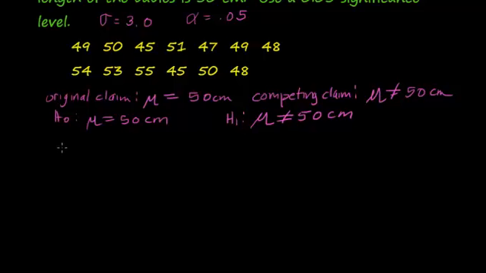Okay, we will get our critical value, a test statistic, and p-value. We'll draw a decision diagram and we'll make a decision. So let's get the diagram started.